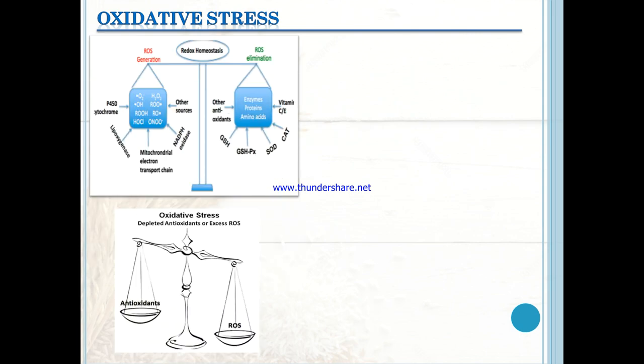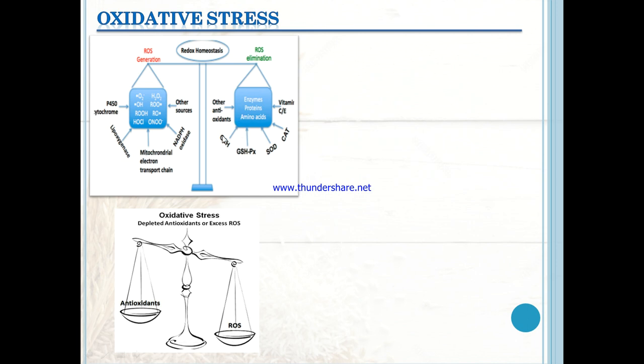Already we have discussed the generation of free radicals or reactive species and the role of the antioxidants in our body. If we see this figure, these ROS or RNS are generated in our body through different processes, either in vitro or in vivo, that means from endogenous or exogenous sources.